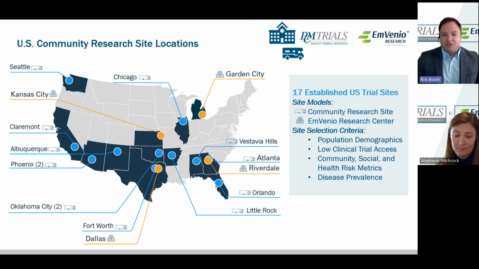So what you see here is actually a map of sites that are around the country. The blue sites recognize these community research locations, while the orange sites are actual hospital partnerships that EmVenio has with Prime Health, and they are inside the hospital area. But these are all research naive participants.